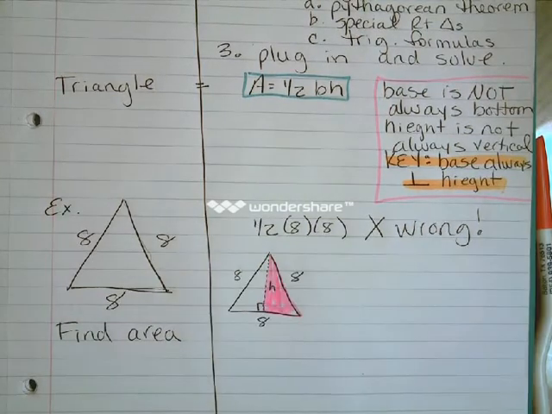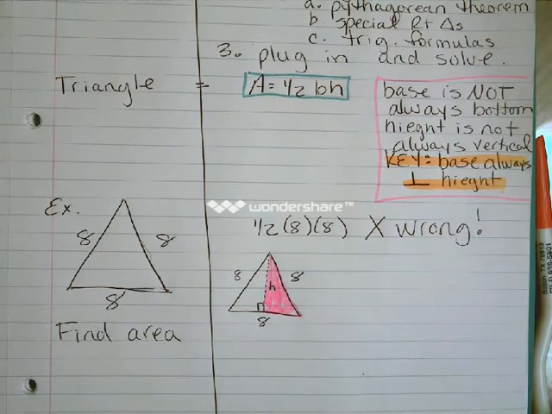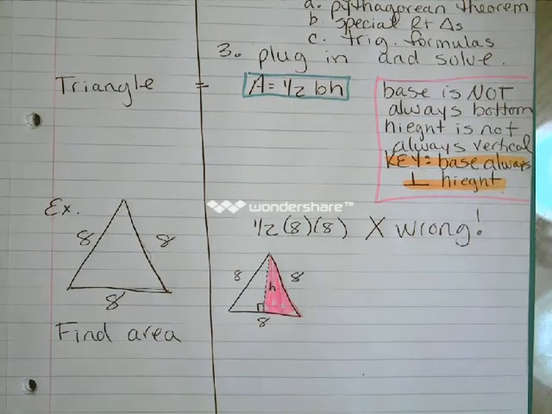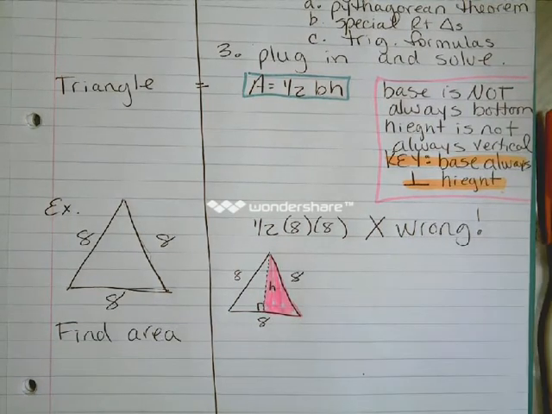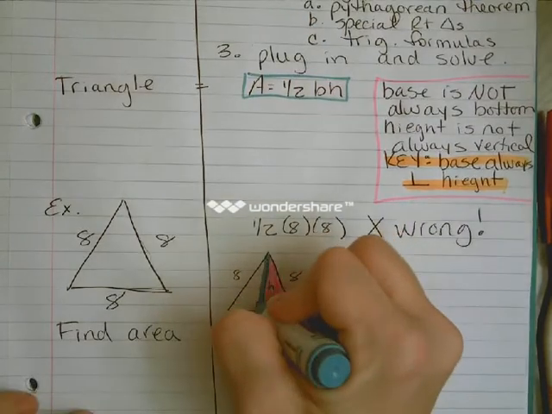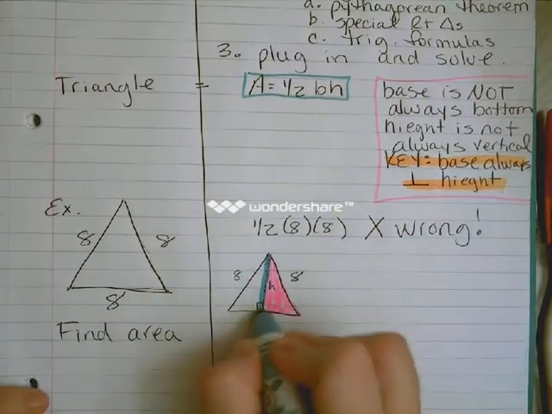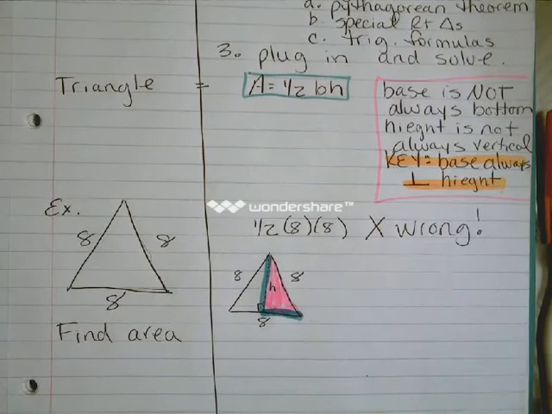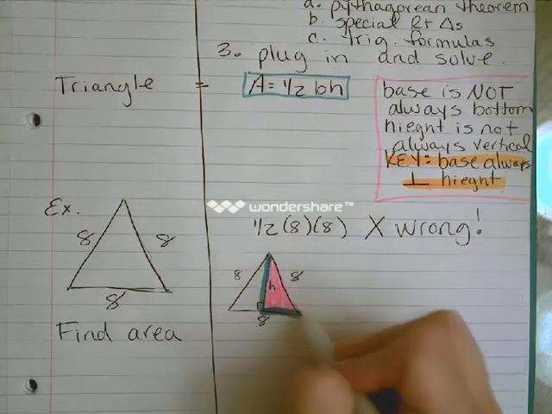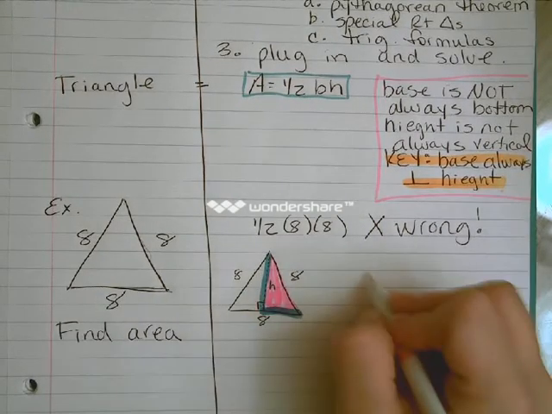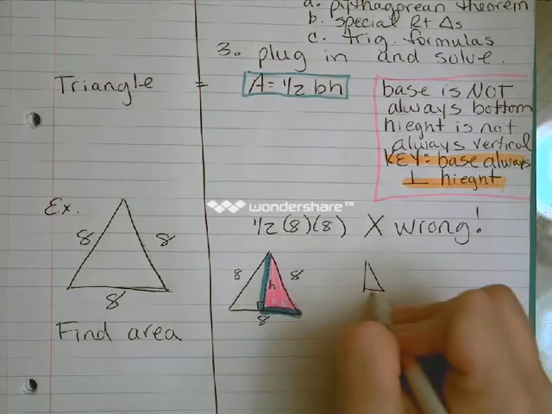Okay. And I have to find my height. Notice that this is a right triangle. This part is 4 because it's half of the base. And I'm trying to find h, and this part is 8.